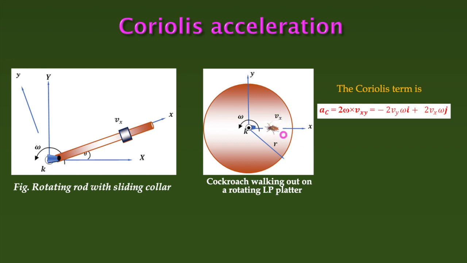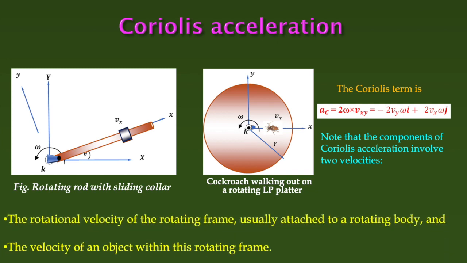This acceleration component is the Coriolis component of acceleration. So the Coriolis component of acceleration has two components: one is the linear velocity component, another is the angular velocity component.